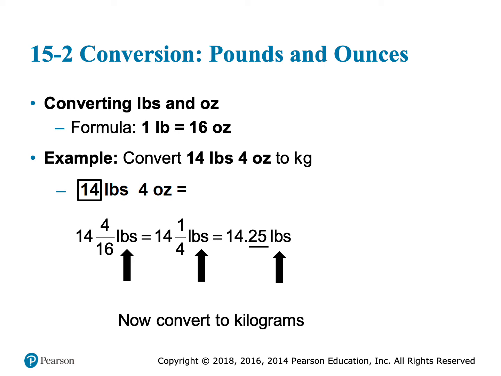Because 1 pound equals 16 ounces. So when we do that, we get 14 and 4/16 pounds, and we can reduce that down to 1/4. And when we divide 4 into 1, we get 14.25 pounds. Now we can convert to kilograms.